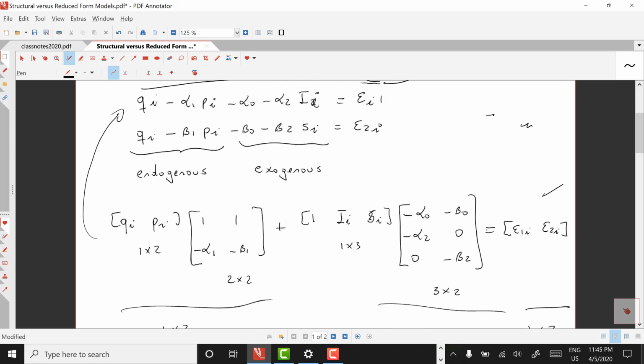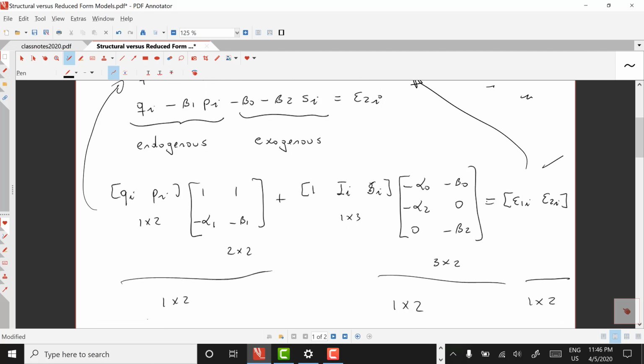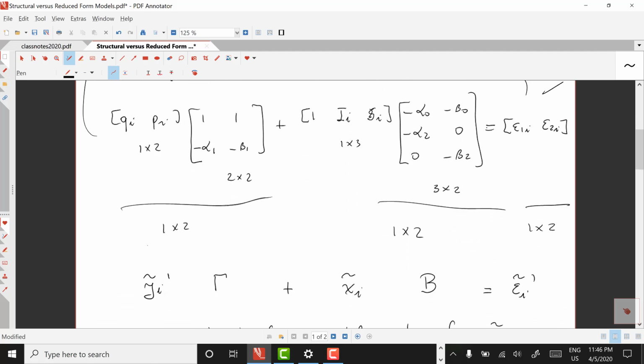So basically, instead of writing the equations in regular form, I'm trying to write them using matrix forms. And what I'm doing is I'm separating the variables, the endogenous variables and the exogenous variables, from the coefficients. So try to replicate what I did here, but it's just a way to rewrite it.